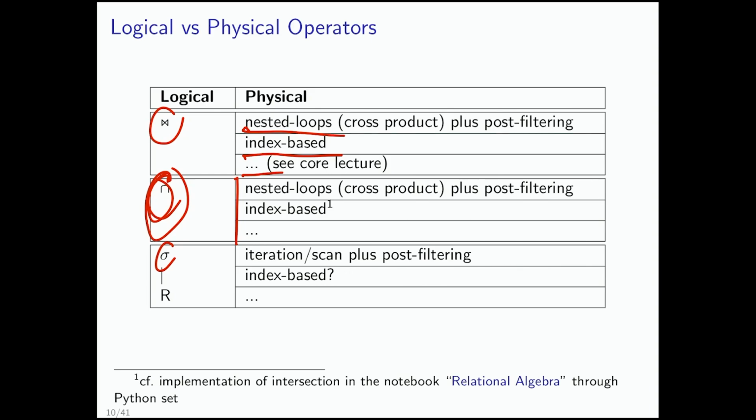In planning, I can also make the decision to use a specific algorithm that's more efficient than the standard cross product. So planning will factor these things in. It will try to pick algorithms that are more efficient than blindly doing a cross product. And that's a big part of the story here.